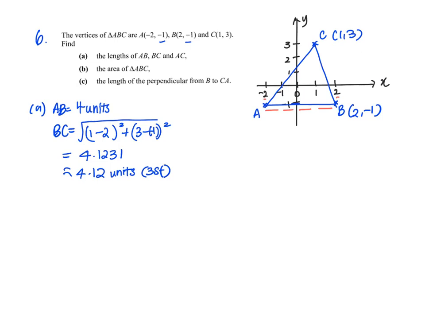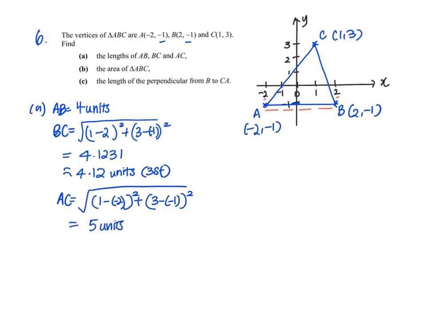Next, find AC. AC is also a slanted line. A is the point -2, -1, C is 1, 3. So we need to use the Pythagoras theorem. Something squared plus something squared: y2 minus y1, 3 minus -1, x2 minus x1, 1 minus -2. And I get it to be exactly 5 units.